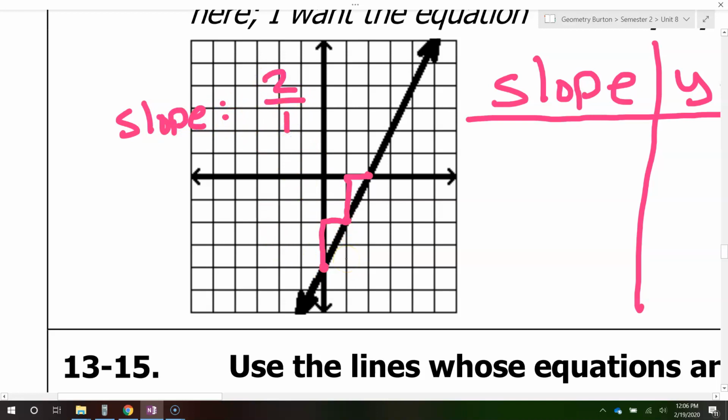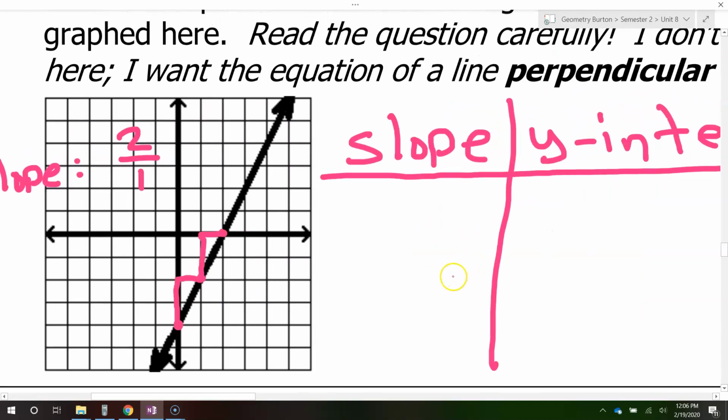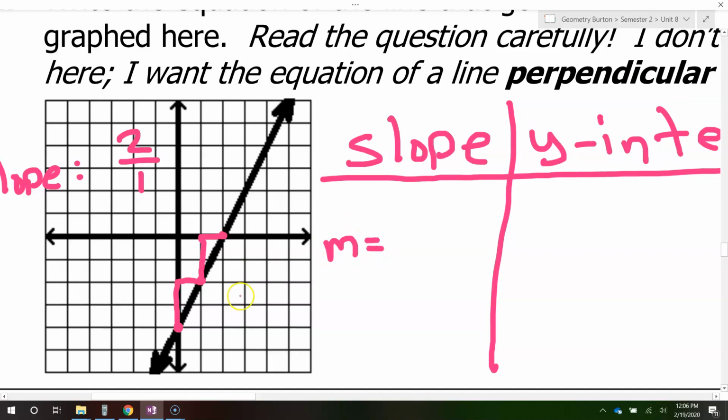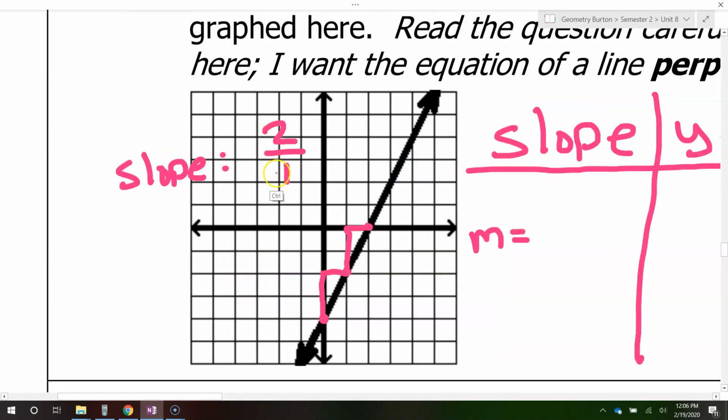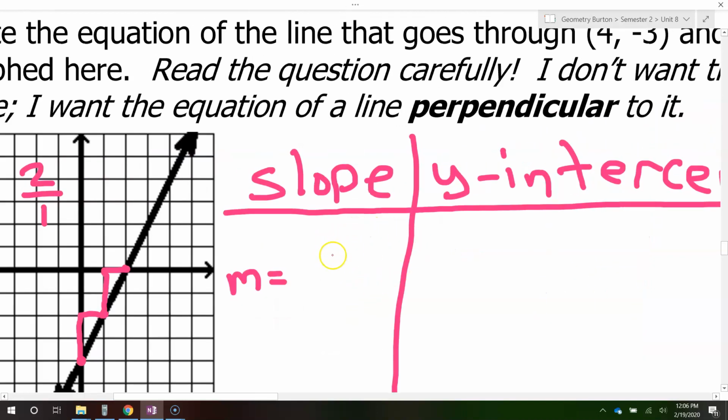Positive 2 over 1. Okay, but we want the equation of a perpendicular line. So we're going to go opposite and reciprocal. So m is going to be the reciprocal of this. So instead of 2 over 1, it's going to be 1 over 2.